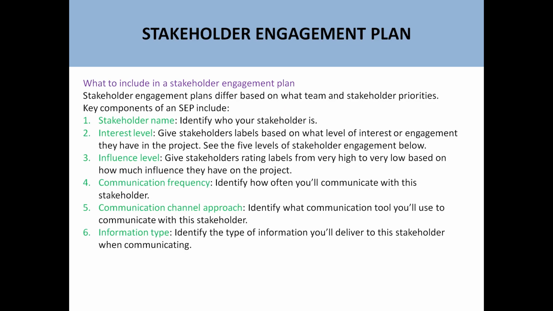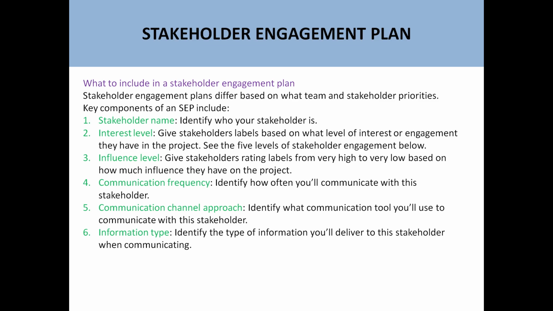Now, what should we include in the stakeholder engagement plan? We should include a few things like a stakeholder name, so that we can identify the stakeholder person. Then his interest level. Interest level means how much he is interested in the project. Then his influence level. Influence level is how much impact he can produce on your project, for example, high, low, medium.